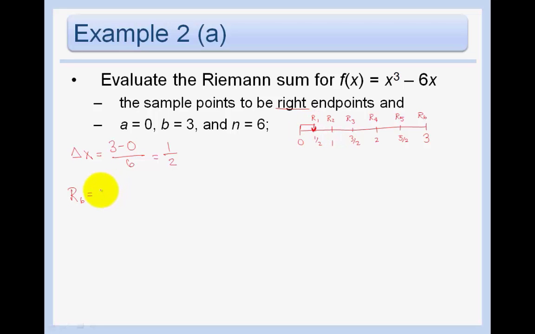So the width is 1/2, and the height of our first one is the function value at 1/2, plus the width times our height, and the second endpoint is at 1. Width times height, and so forth.